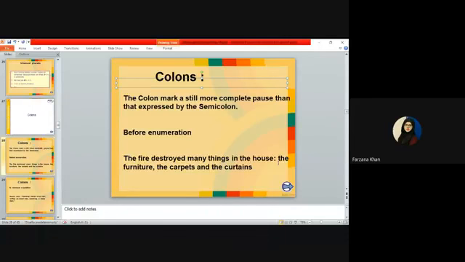We have placed a colon here, and then after that there is the list of the things which have been destroyed by the fire: the furniture, the carpets, and the curtains. Right? So here the list, the enumeration, is there. So you can simply say the fire destroyed many things in the house, and then colon means there is the explanation of which things have been destroyed by the fire: the furniture, the carpets, and the curtains.